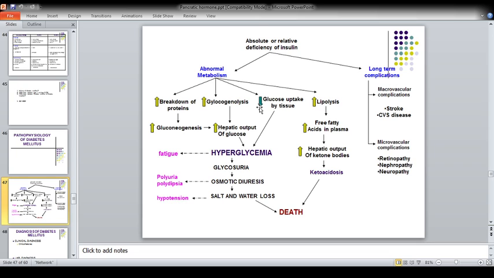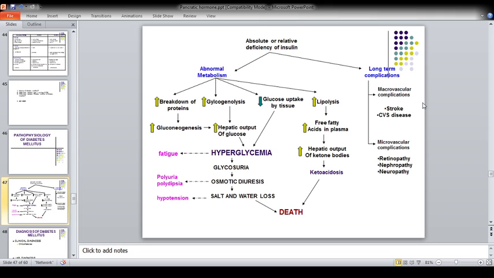That would increase the hepatic output of glucose, or increase production of glucose in the liver. This would also cause glycogenolysis, that is breaking down of glycogen, the stored form of glucose in the liver, and that would also eventually lead to increased hepatic output of glucose.